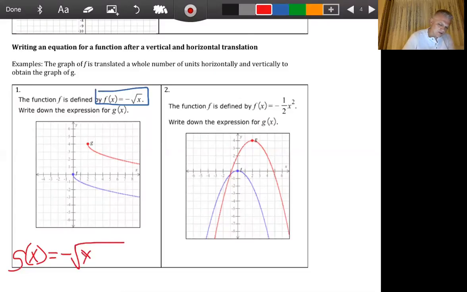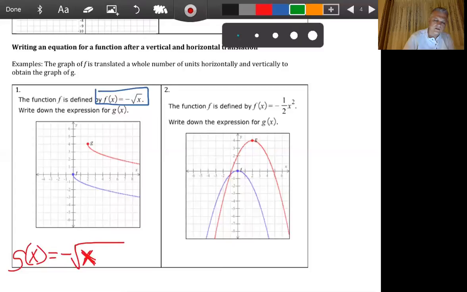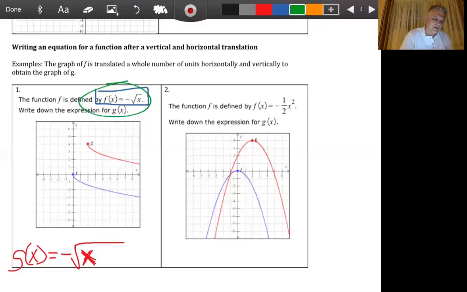And then let's add the translation. I'll just add it in a different color to make it stand out a little bit more. Let's add it, let's go Christmassy. Let's go green, red and green, sweet. All right. So we have the parent function. It looks the same as f. This is the same as f.